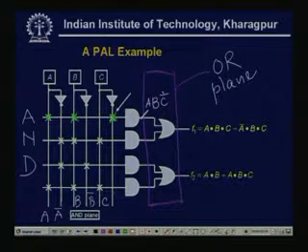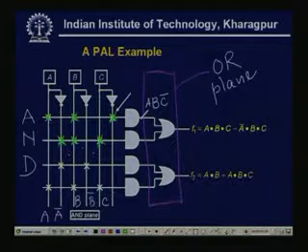Similarly, the second line realizes, say this cross point means A bar, this is B because the B line is here, and this is the C line.